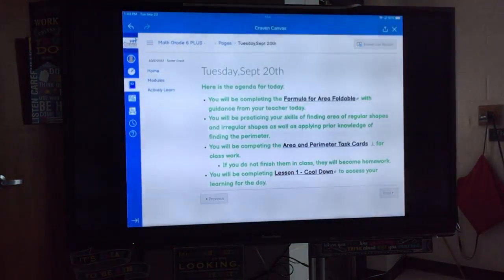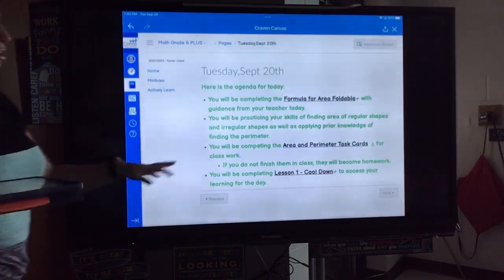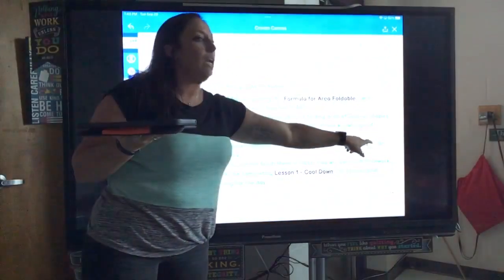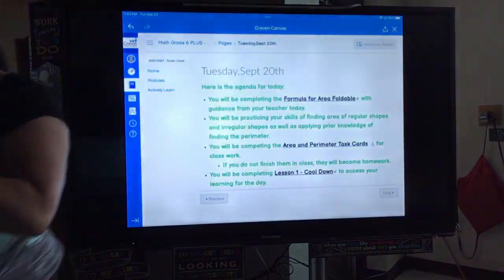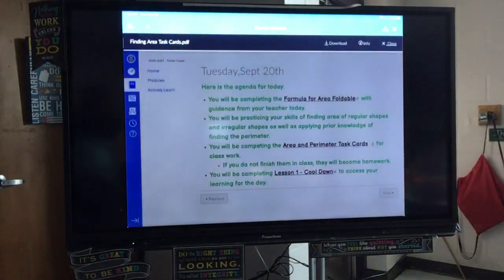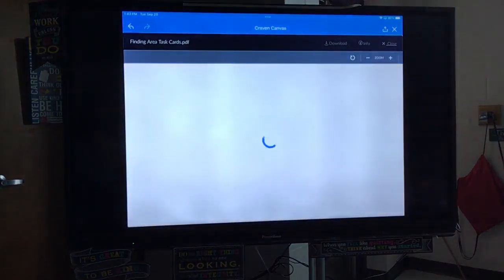When you go to a link that has this little down arrow right here, in math especially, if you click on that, it should bring it up right in Canvas. It will not take you to Google Drive. It will not take you anywhere.